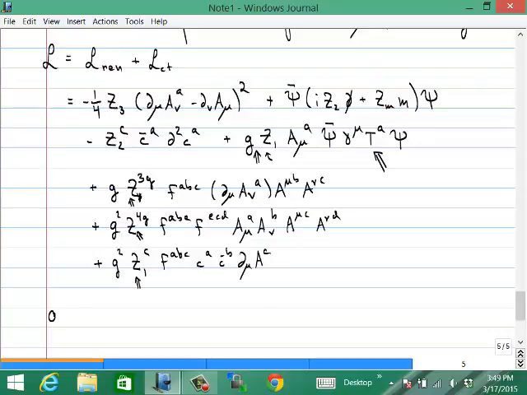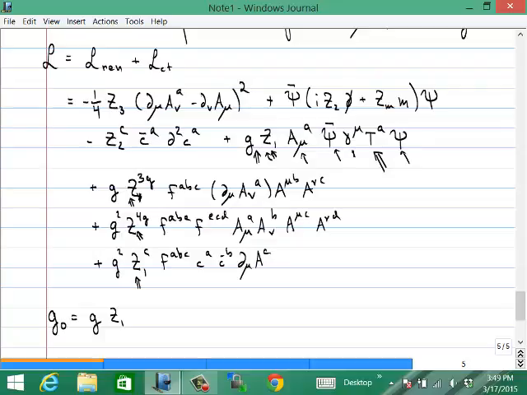So if you compared it to the one that appears in the bare Lagrangian, then the bare coupling would be equal to the renormalized coupling times a factor of Z1, that's this factor right here, and then you would have to account for the fact that the A and the psi fields each pick up wave function renormalizations.